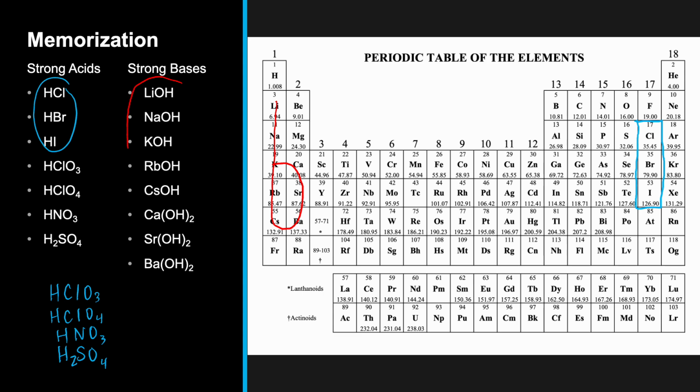So those only need 1 hydroxide paired with it to balance out those charges. Our 3 metal cations from group 2 are going to have a +2 charge, and since hydroxide is only a -1 charge, it's going to need 2 of those hydroxides to pair with it, which is why those look a little bit different. So those are the strong acids and strong bases that you have to memorize for this class.